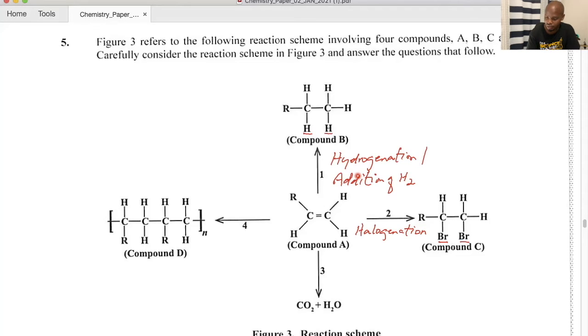In 3, we're getting carbon dioxide and water vapor, so this would be a combustion reaction. And in 4, we have what we call polymerization. So that should give us the 4 marks right there. So these are areas that we need to know, reactions of our alkenes.